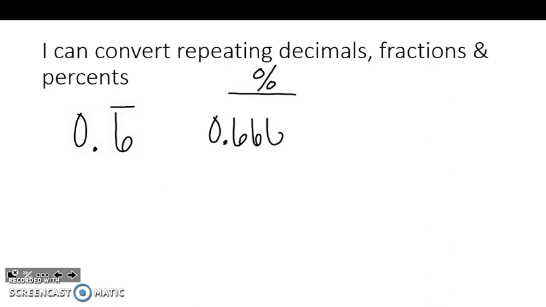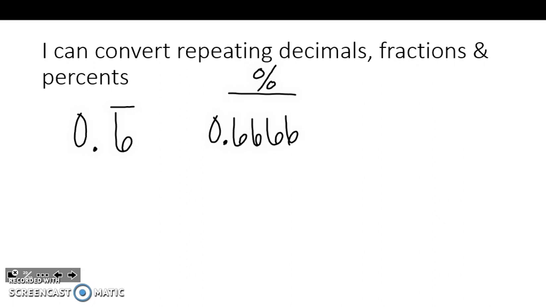Let's go ahead and look at another one. So if you're given the decimal, we already know how to do the percent. Okay, so we're going to write down 0.6, and since 6 is repeating, we only need to have 2 or 3. We'll go ahead and do 4.